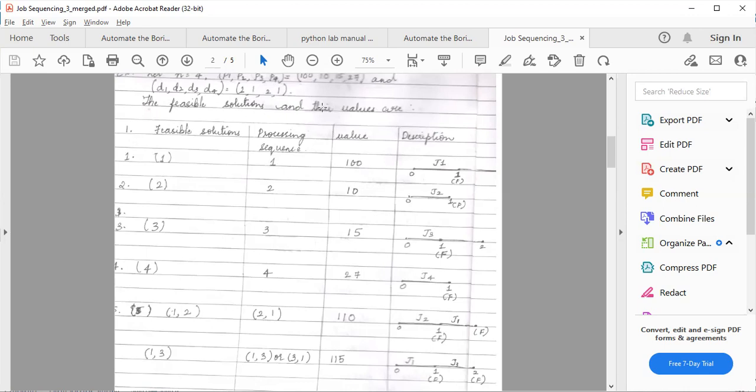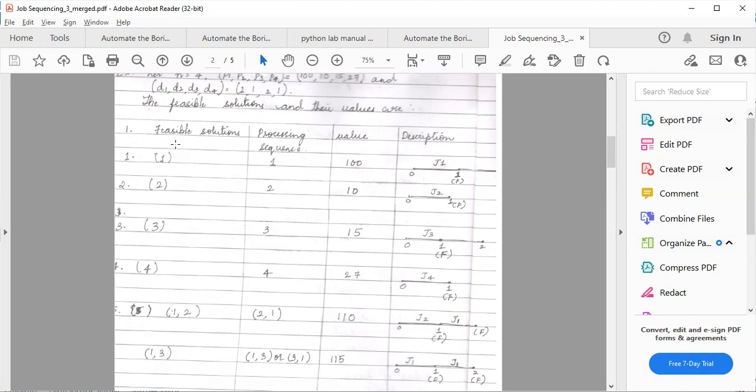Now, let us see all the feasible solutions here. You can see here we have a table representing the feasible solutions, processing sequence, value, and description. Now, what does this mean? Feasible solutions are all the solutions which can be considered, which are not violating the constraints of the deadline. That is, the jobs are going to be completed within that time itself.